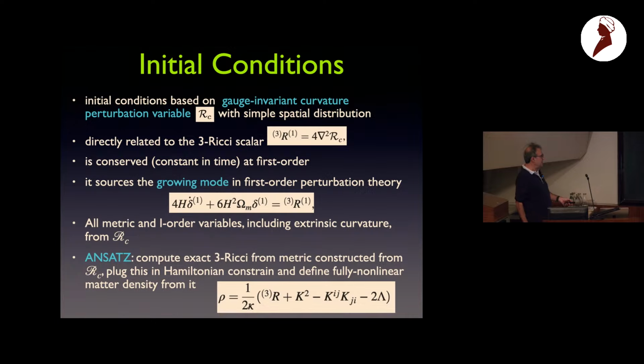K is the extrinsic curvature, where K_ij is basically minus H_ij, as was mentioned by Dick on Monday, right? It's just a different language in numerical relativity. With that information, you then use the Hamiltonian constraint to build the corresponding density field, okay? And this is how you build the initial condition.